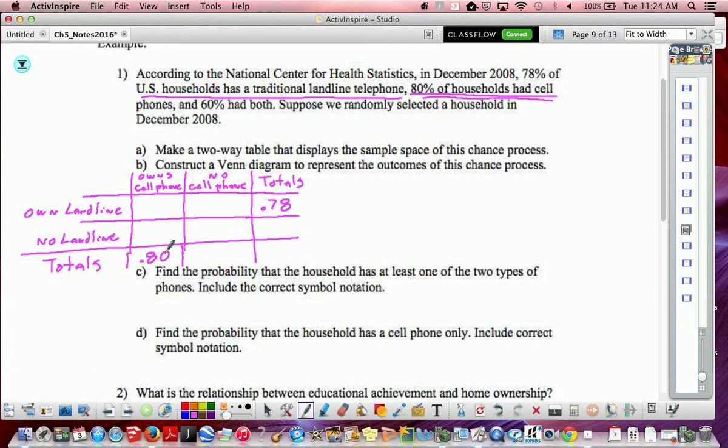These are where we're talking about both events. What's the only number where they combine both? 60% had both. So, 0.60.